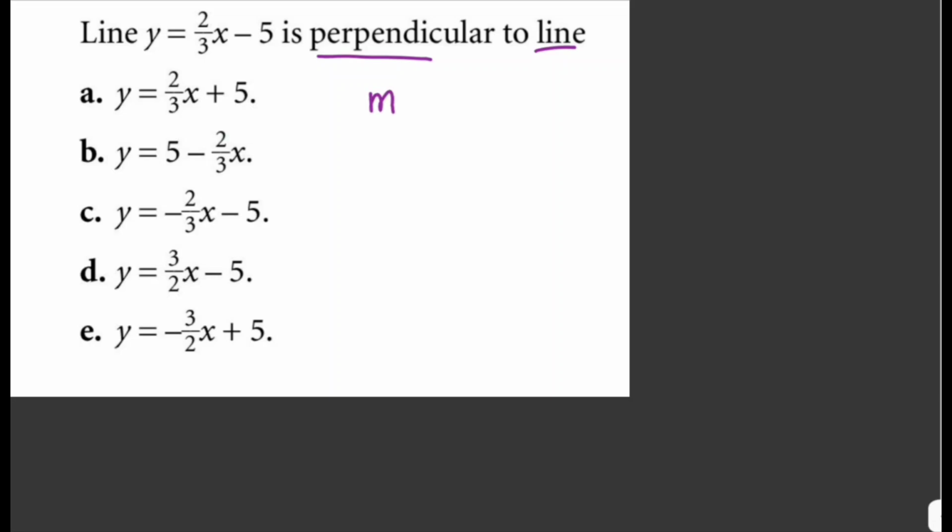Therefore, the slope of the first line is equal to the negative reciprocal of the slope of the other one. Or shall we say the slope of the second line is just equal to the negative reciprocal of the slope of the first line.